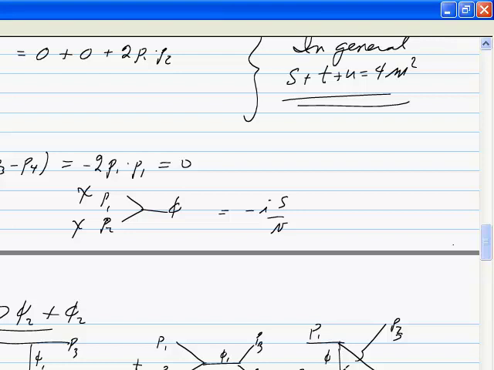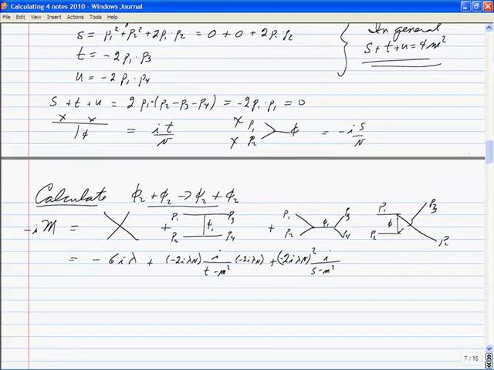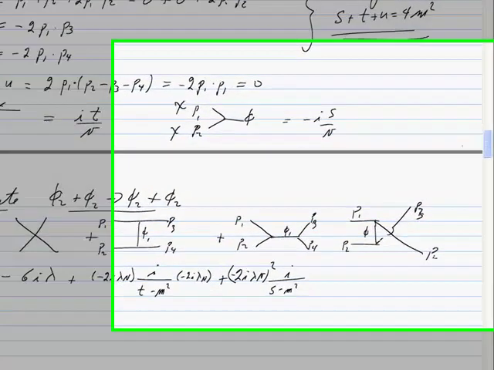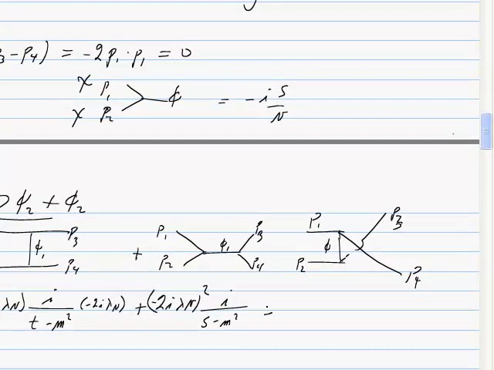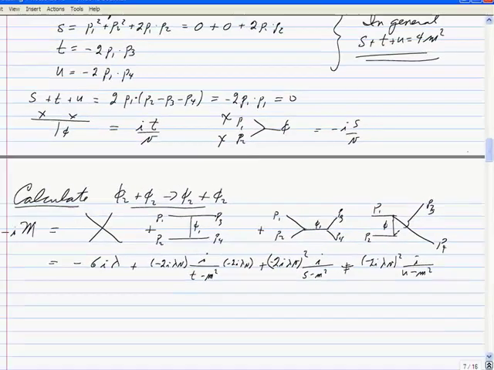And the only thing different about it from the first one is that the momentum flowing down here is P1 minus P4. So this is plus minus 2I lambda V squared I over U minus M squared. So you get S, T, and U's in that symmetric form.